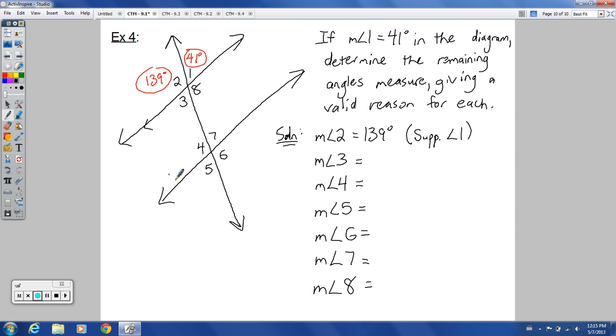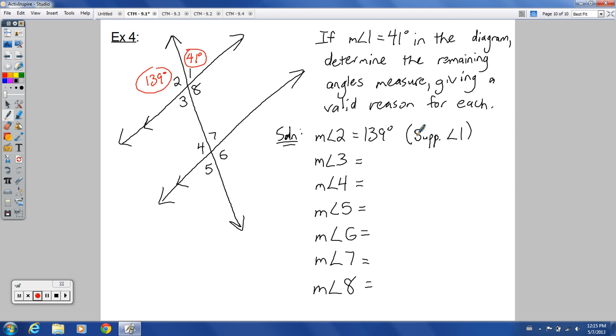So let's also add that this is parallel to this. So I have to know that that's true before I could say that was the case. Otherwise I could have this line being like this. They would end up crossing. These angles definitely, like 1 and 7, even though they're corresponding, they would not have the same measure unless they're actually parallel. So from here, we've got 139 for 2.